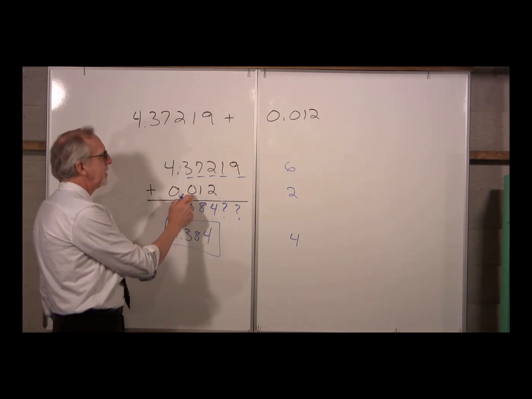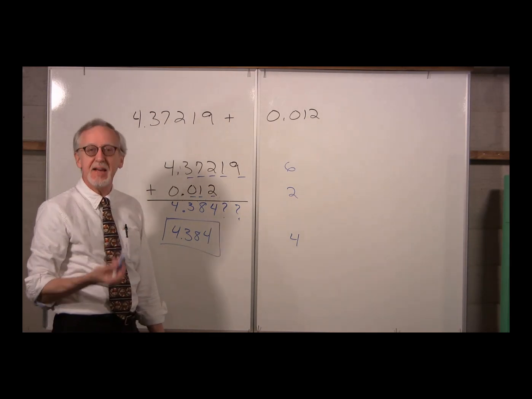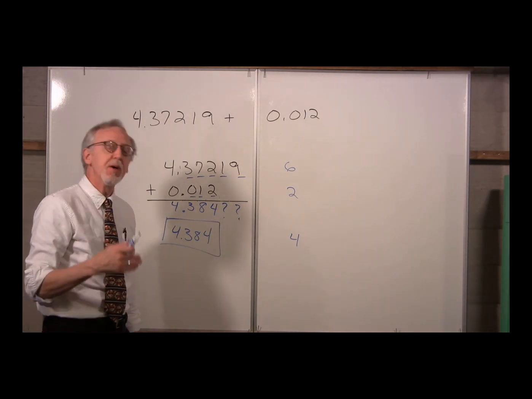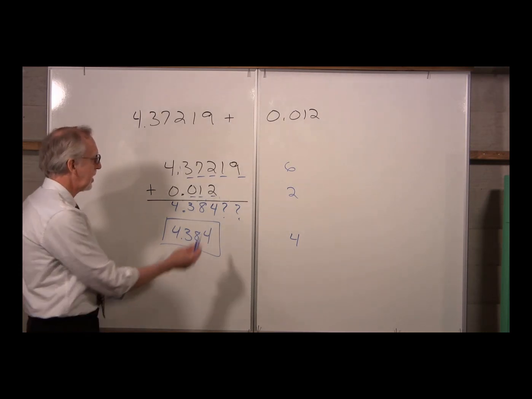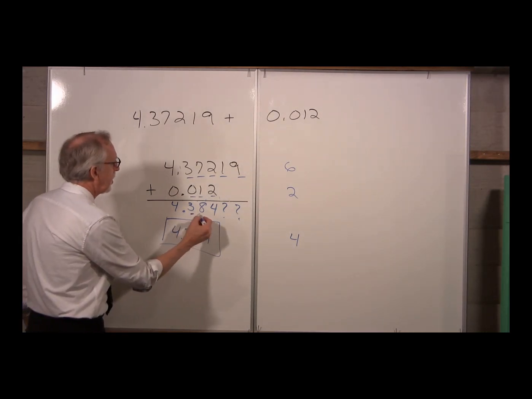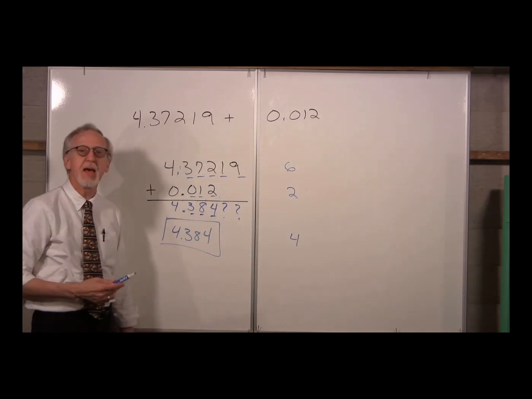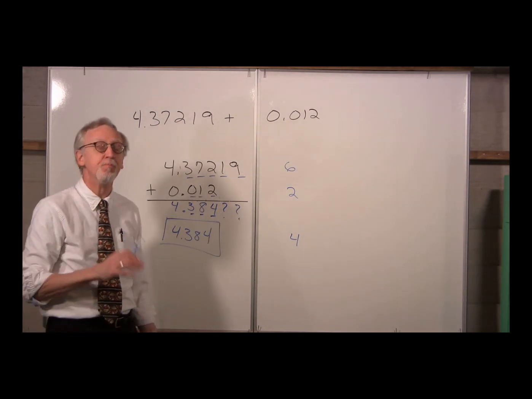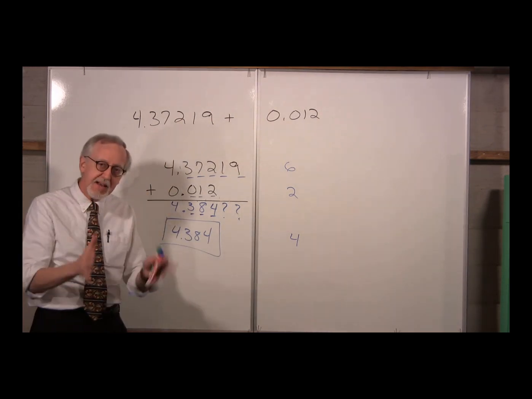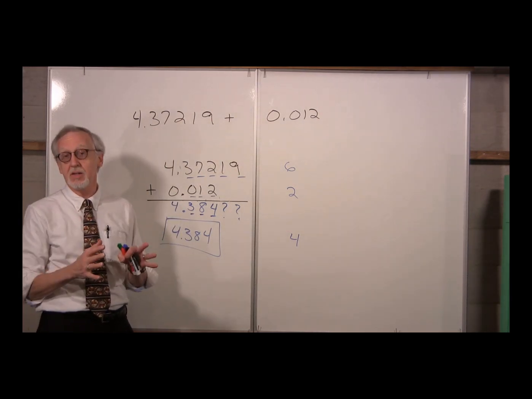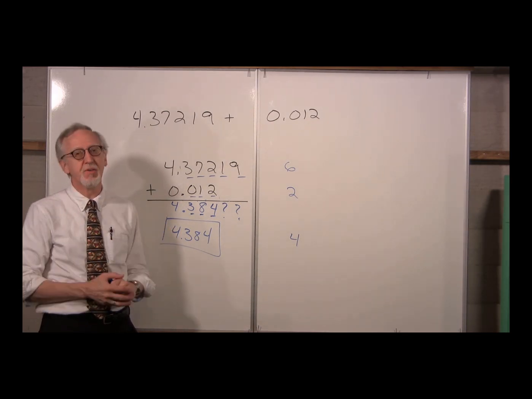What about 0.012? That has 1, 2, 3 decimal places. We keep the smaller number of decimal places in our result. 4.384 has 3 decimal places. So our final result has 3 decimal places. So, for addition and subtraction, we look at the number of decimal places, and we keep the smaller number of decimal places.